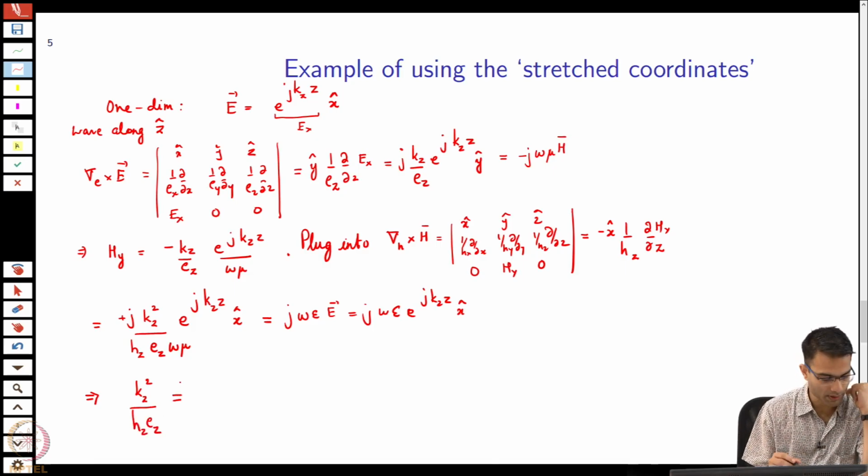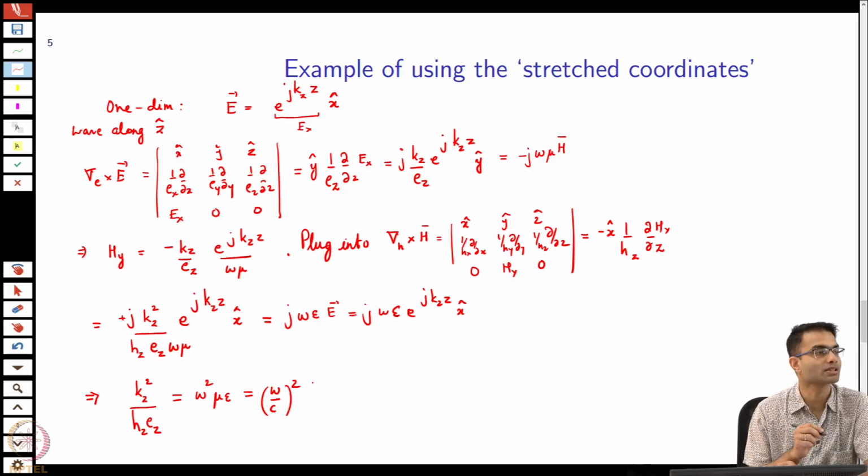Let me take the rest of the terms on the other side. I am going to get an omega squared mu epsilon, and mu epsilon can be related to speed of light, 1 by c squared, right. So, this is omega by c whole squared, right.